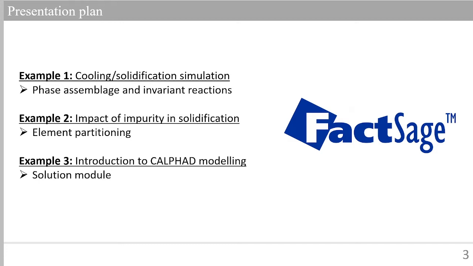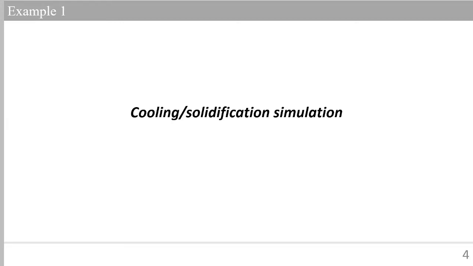In the second example, we'll be looking at the impact of impurities in the solidification, more specifically to look how this impurity will partition in the phases that are present in the first example. And in the final example, we'll have a brief introduction to database modeling, more specifically looking at the solution module. Let's begin with the cooling or solidification simulation.